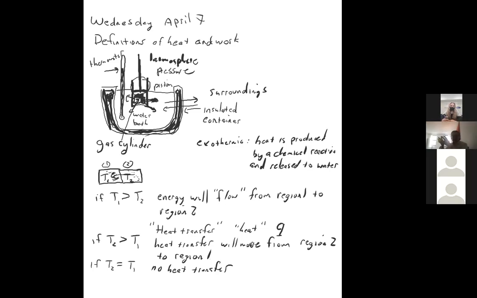As the reaction occurs, heat is absorbed from the surroundings. So if you touch it, heat goes from your hand into the gel and you experience that as cold. That's called an endothermic process. So endothermic is the opposite of exothermic. Heat is absorbed by the reaction.